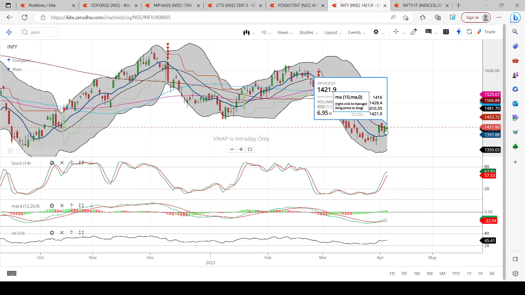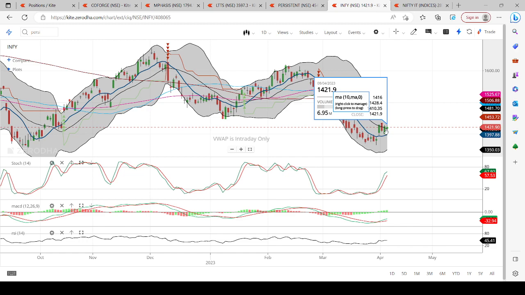Generally, Infosys gives guidance during its quarterly results. If they revise the guidance by 0.2 or 0.10%, that is more than enough for the stock to fly minimum 5%.